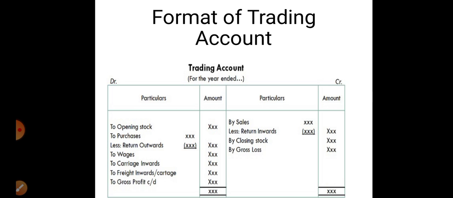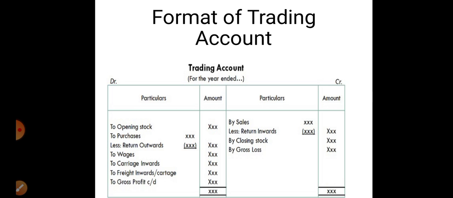Then we will total the credit side and debit side and find the difference. If the credit side is greater than the debit side, then we will get the gross profit, and gross profit will be written on the debit side, like To gross profit c/d. Here c/d means carried down balance.